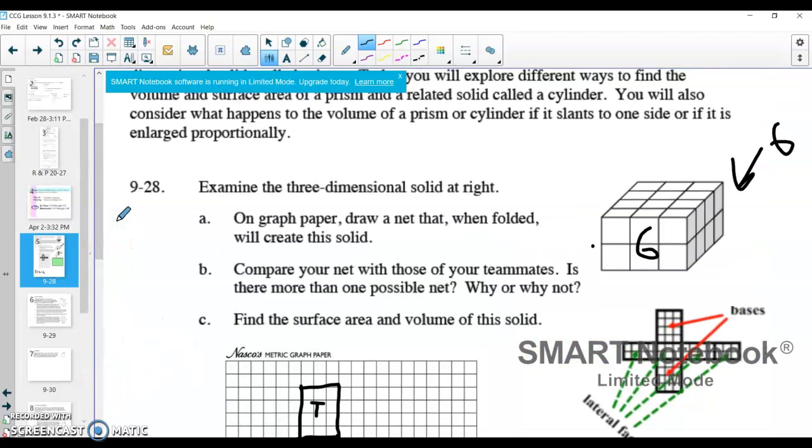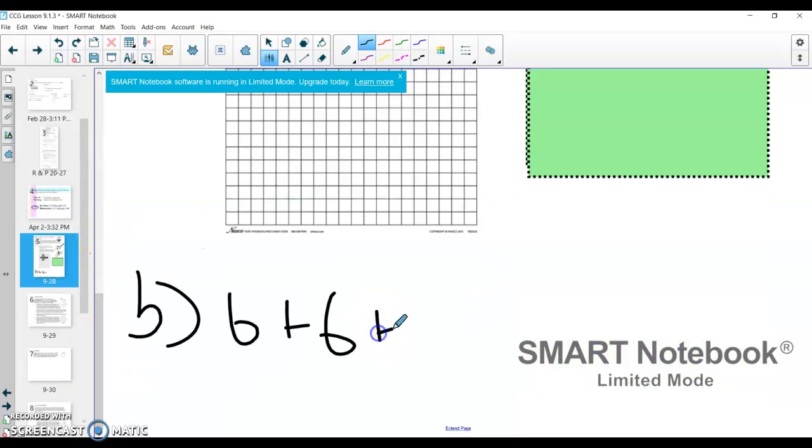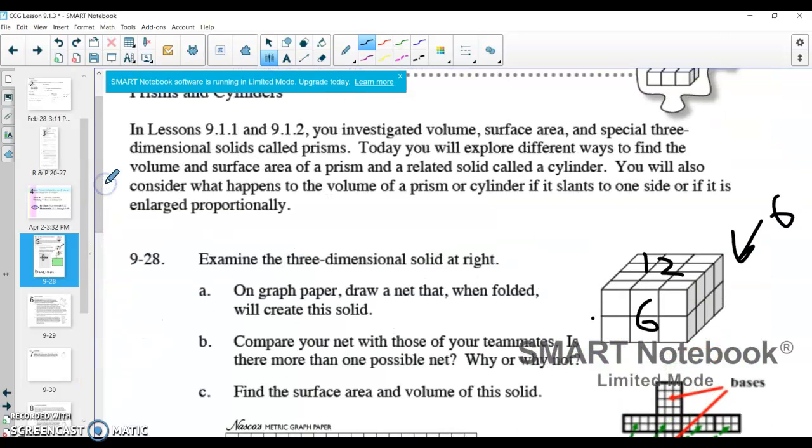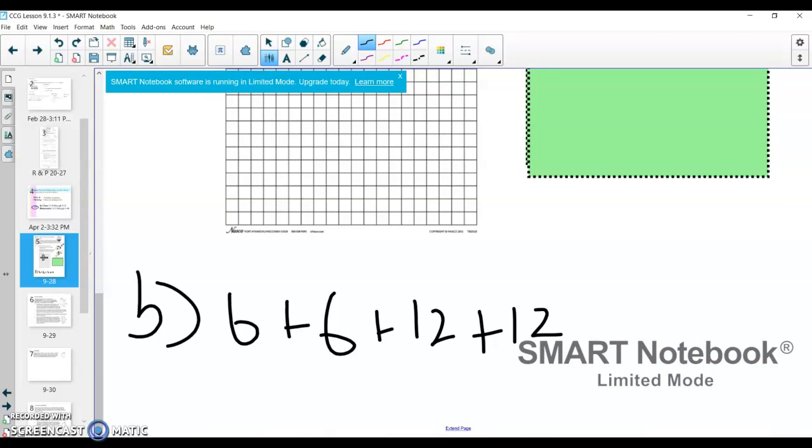The top is a 4 by 3, which means an area of 12. And so the top has 12, which means the bottom has an area of 12. And the left side here is a 4 by 2, which means it has an area of 8, which means the right and the left have 8s. And so now I can add all these together and get my surface area.